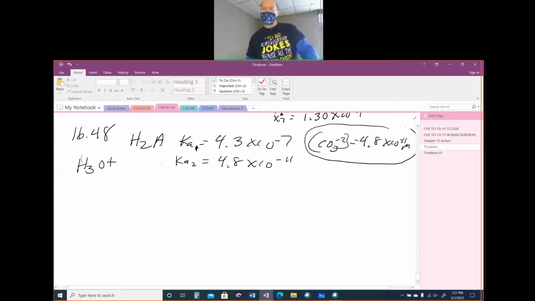So there's no calculation required to get the A minus 2 ion. You do it once, you never have to do it again. We will do it again. But it will be 4.8 times 10 to the minus 11. Just like the pH is equal to the pKa at the half equivalence point, the concentration of your minus 2 ion is always equal to your Ka2.